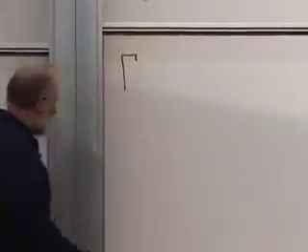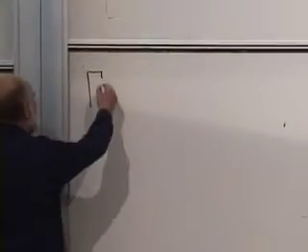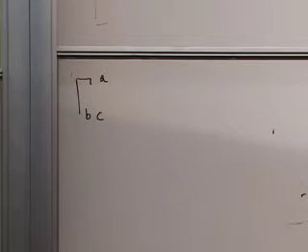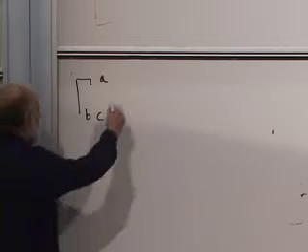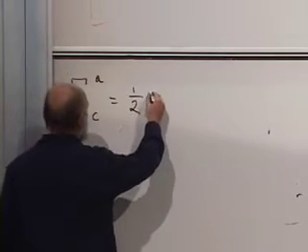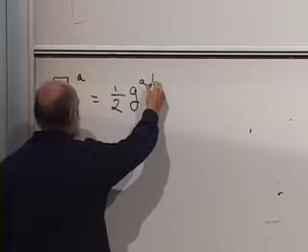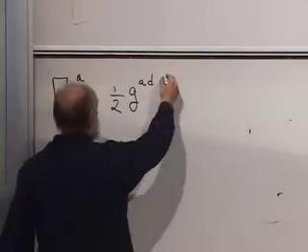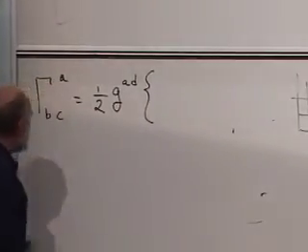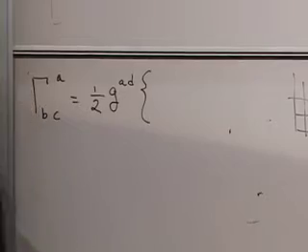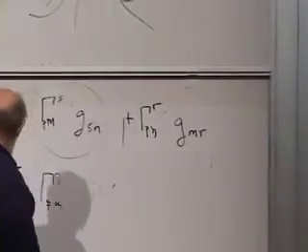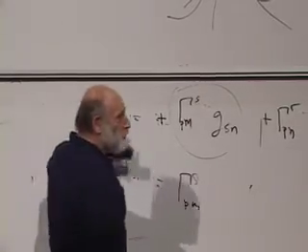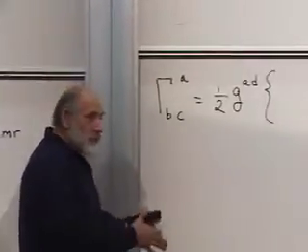I'm going to use other letters now so that we don't confuse them with the letters here. I'll use A, B, and C. Gamma A, B, C is equal to 1/2 G A D. I need another letter of the alphabet. That's going to be a summation index. And then it's the sum of three terms. Each term has a G with an upstairs index, and then derivatives of G with lower indices. It's just the indices are a little bit intricate.